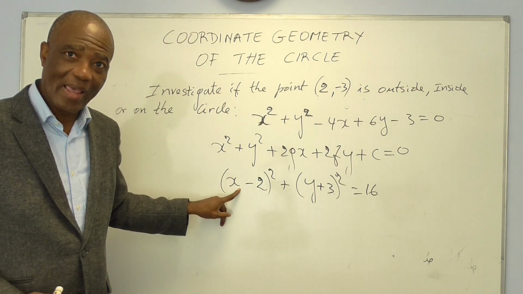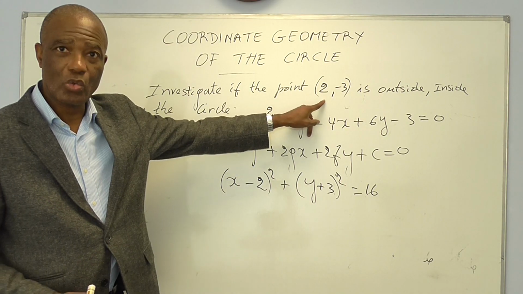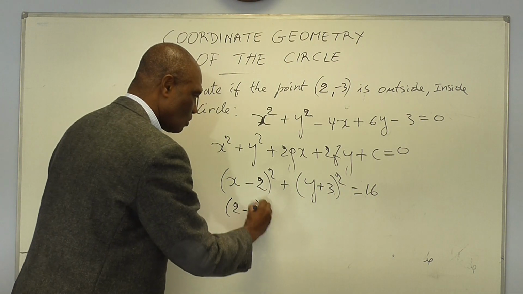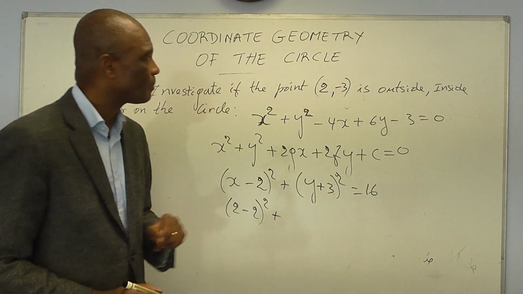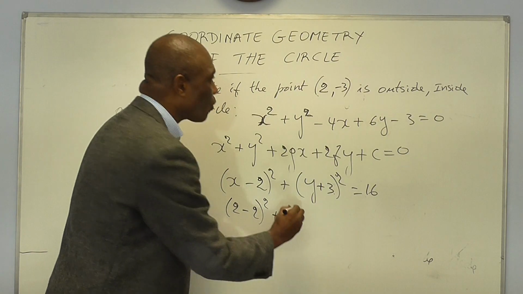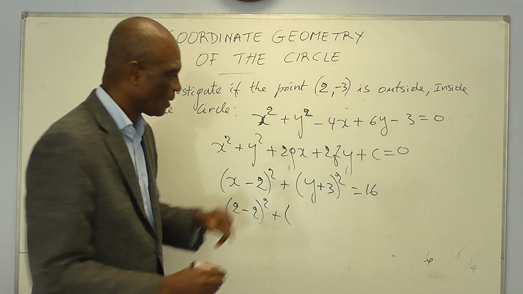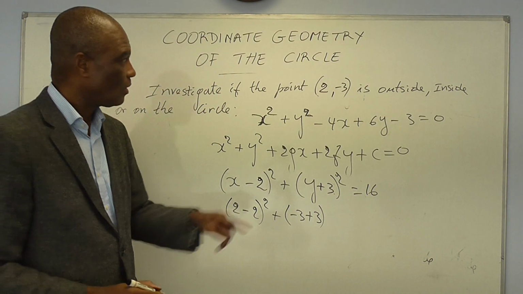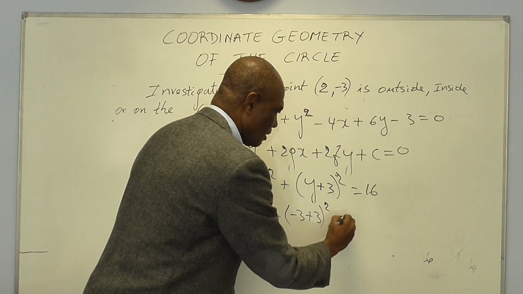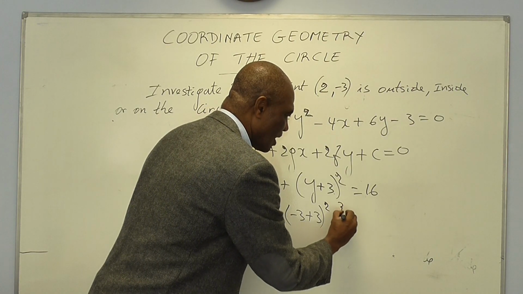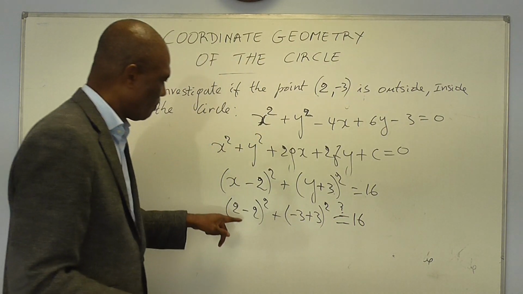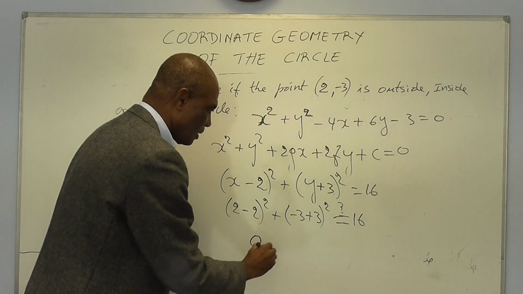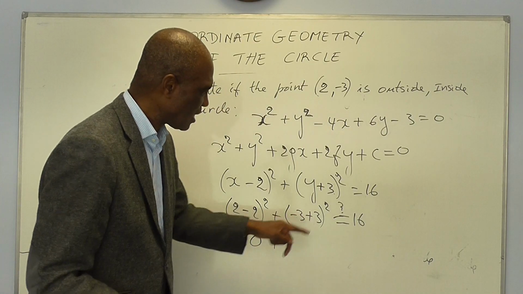We replace x by 2. What we get is 2 minus 2 squared. The y value is minus 3, so minus 3 plus 3 squared, question mark, because I don't know. 2 minus 2 is 0. Minus 3 plus 3 is 0.